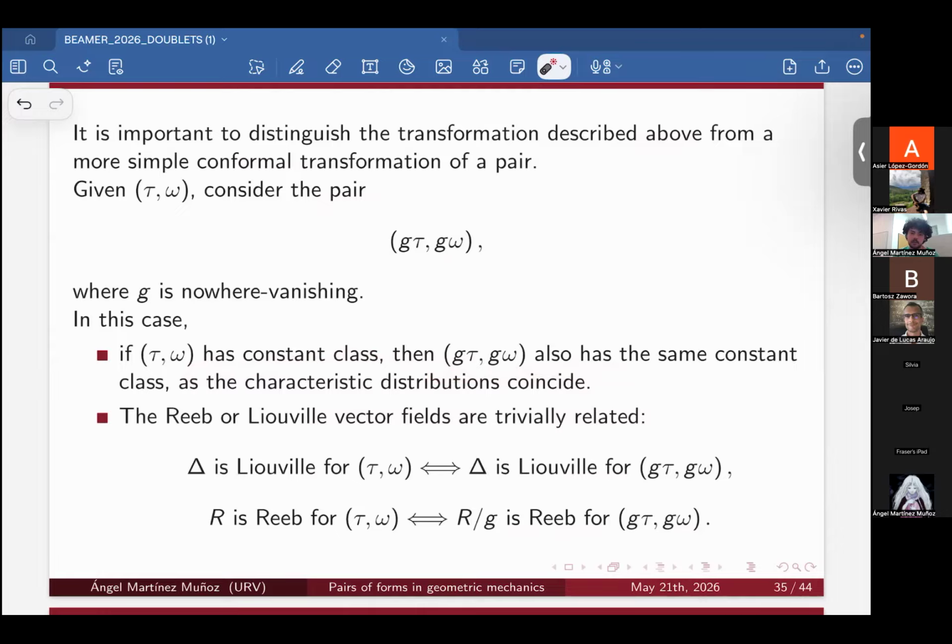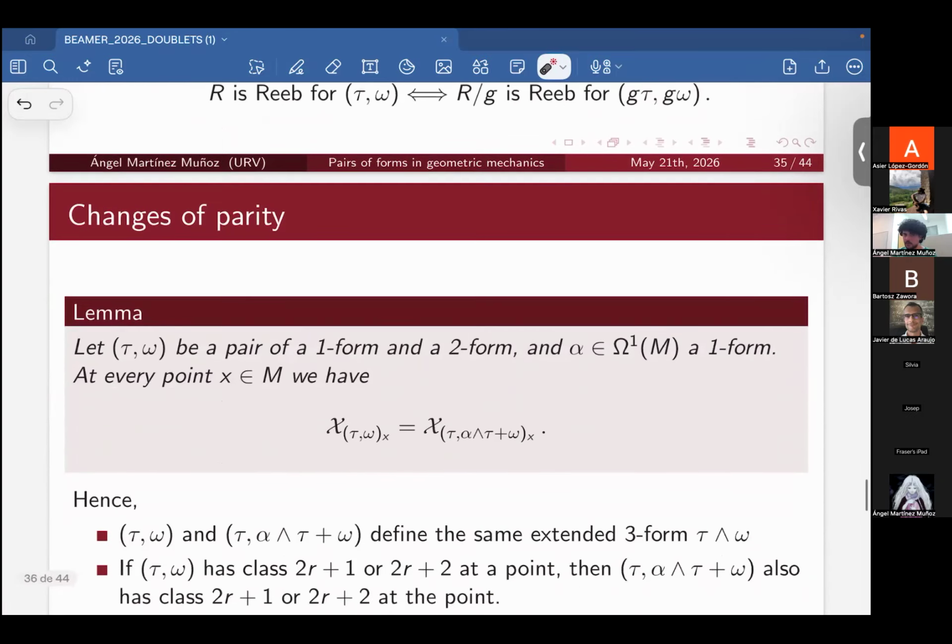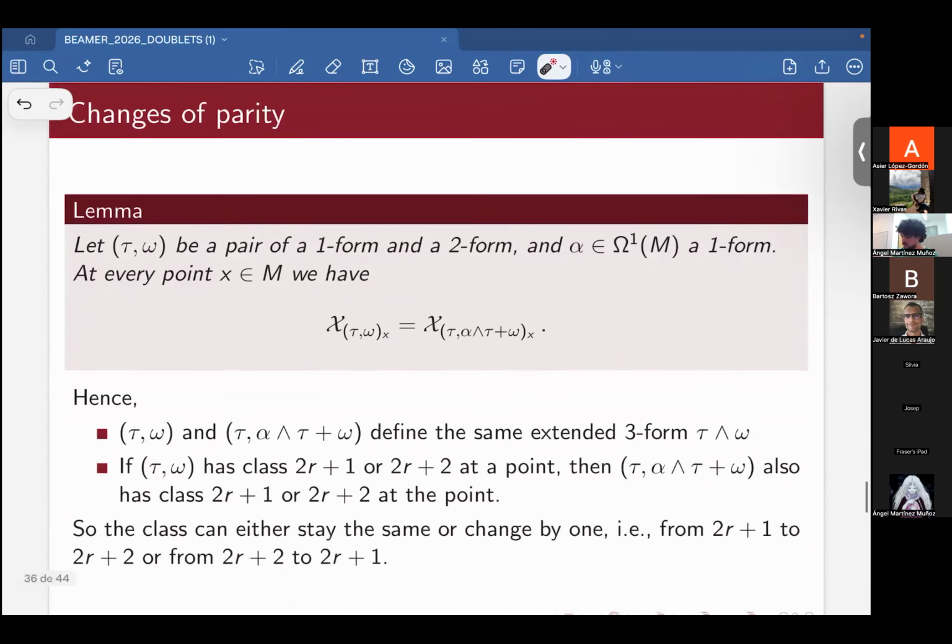So if you have a doublet, you will get a doublet. The characteristic distributions will be the same, and the Liouville and Reeb vector fields are related to each other. So these types of transformations are not a problem. However, the other ones might change the structure pretty heavily.